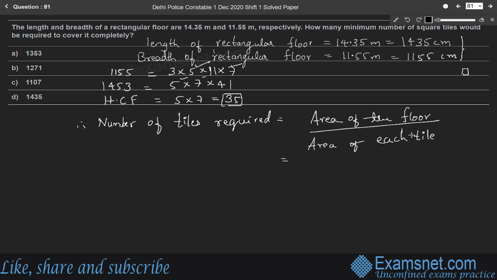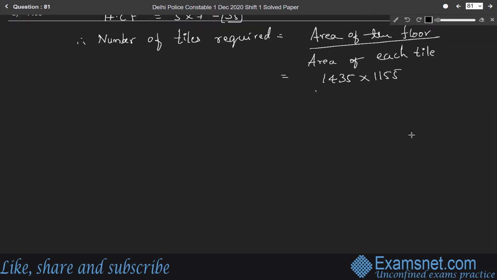The area of the floor is 1435 into 1155, the product of length and breadth, right? Whereas the tile is in square shape, therefore its area is the side squared. What is the side? 35 squared, 35 into 35.